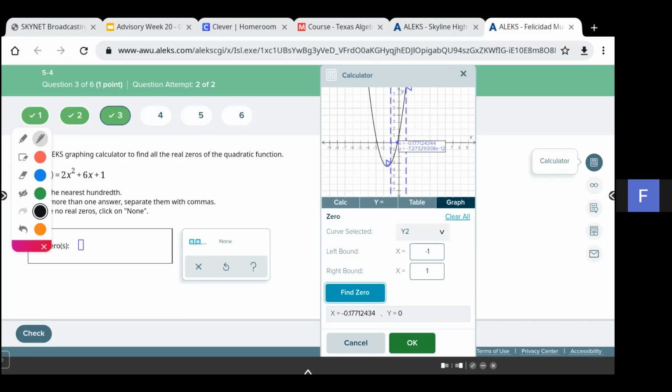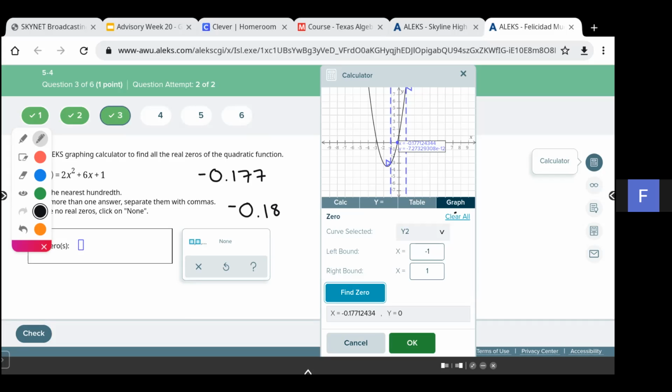So that first one I see is going to be, I'm going to write this down to the nearest hundredth. My x value is negative 0.177, which would get me negative 0.18.